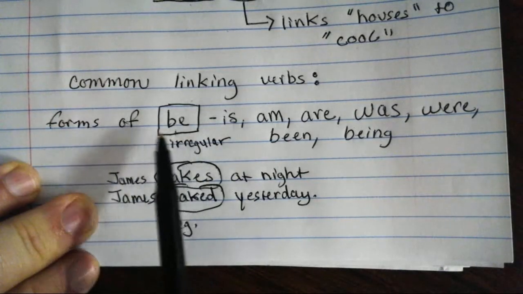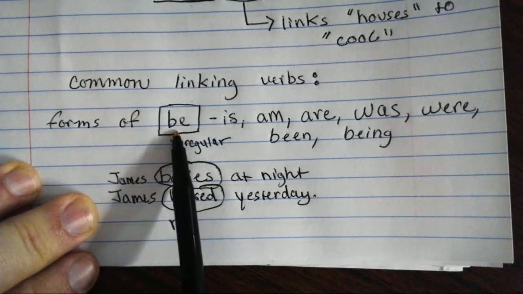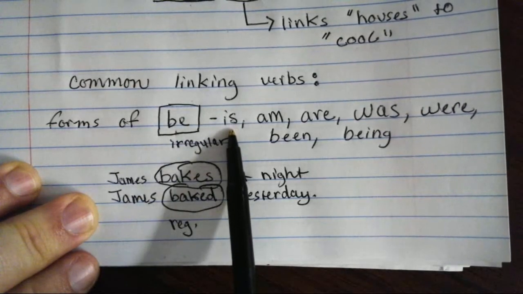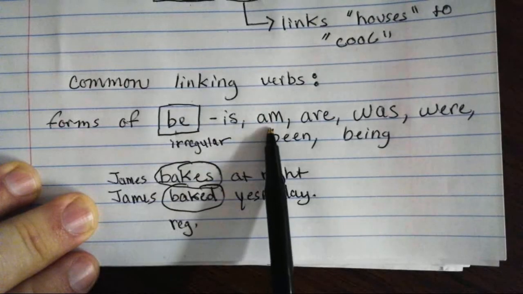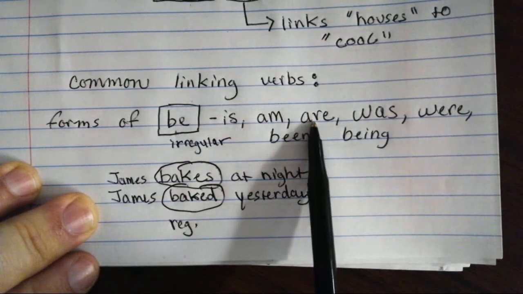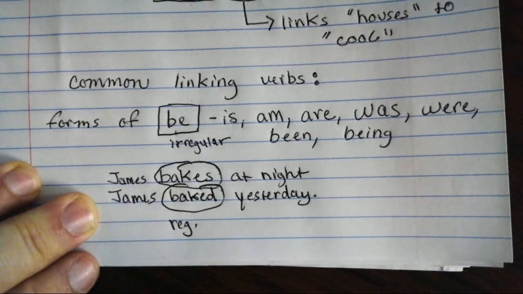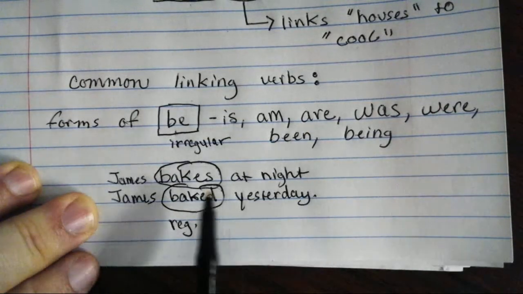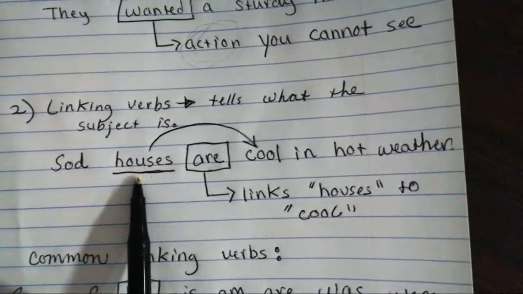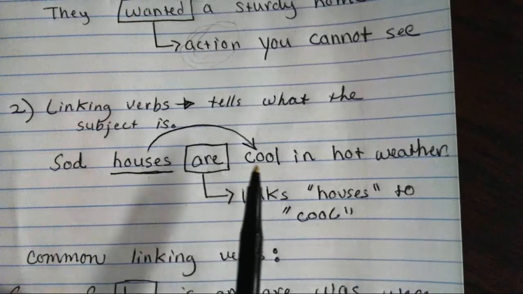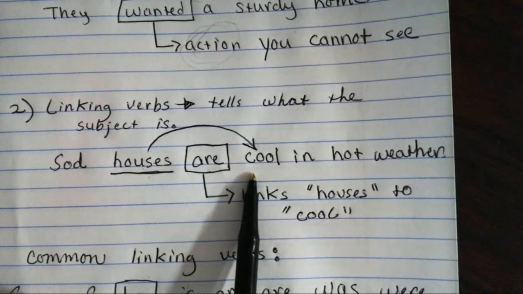Think about the verb to be, a state of being. Isn't is a state of being? Yeah, if you look up is, it's a state of being. Am is a state of being. Are is a state of being. And when I say a state of being, I mean existing, right? Isn't the house in a state of being? What state of being is it in? It's in a state of cool.